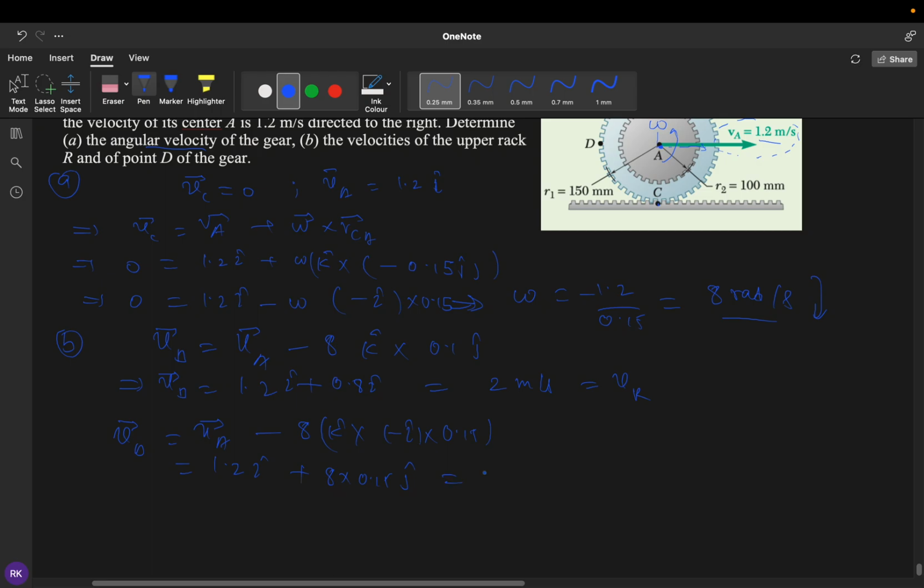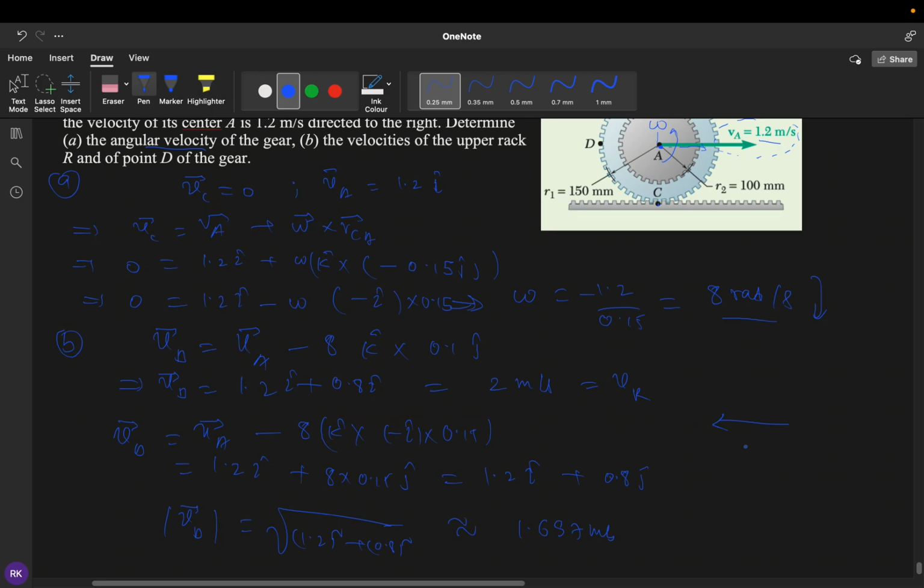So now it has two directions, 1.2 i plus 0.8 j. The magnitude is the square root of 1.2 squared plus 0.8 squared, which gives 1.697 meter per second. When you draw a vector, you will get the velocity of D.